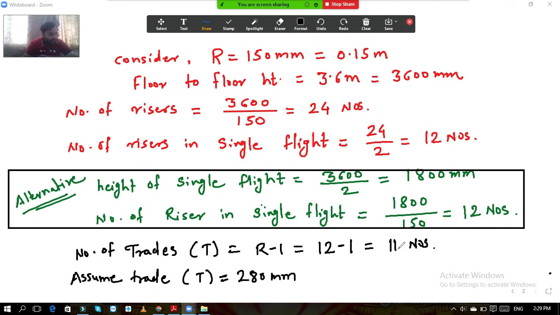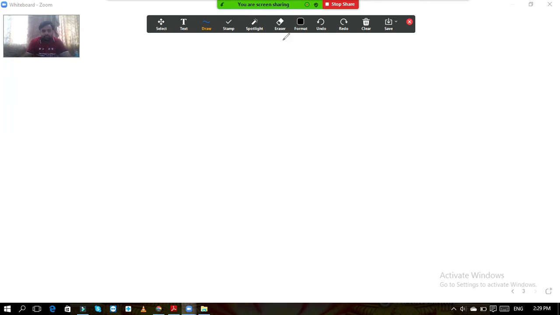Okay, 11. So now we will calculate the going length. Going length is equal to, how much is one tread? Single tread is 280 mm. So how many treads are required for the single flight? 11 treads are required. So 280 into 11.